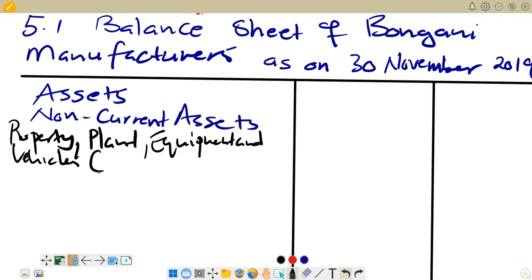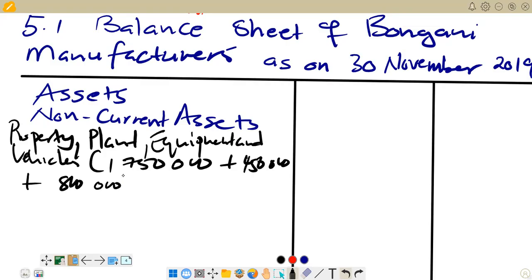Then for the figures of the three, we have 1,750,000, and then we add our 450,000, and then we add our 800,000. So these are the three that we have, and the total that you are supposed to get there is 3 million.